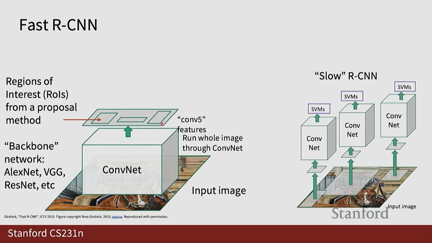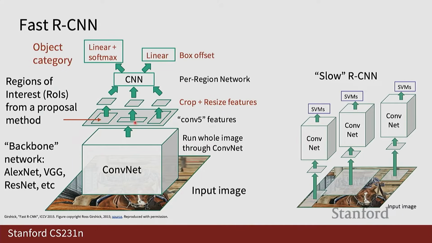Let's look at those regions and run a smaller CNN on top of those and generate the outputs for each of these two things that I want. First, the box offset, like should I move the bounding box a little bit, or what the object category is. So this is the fast version of our CNN.